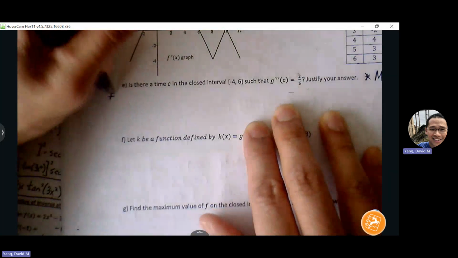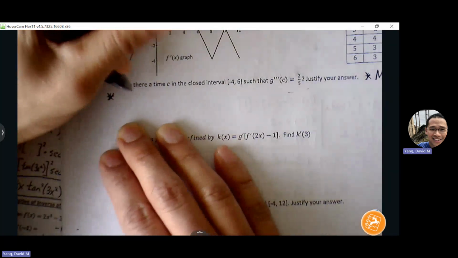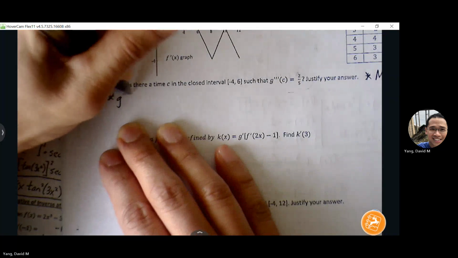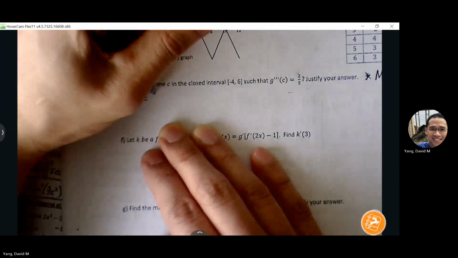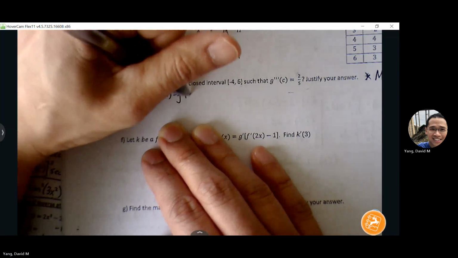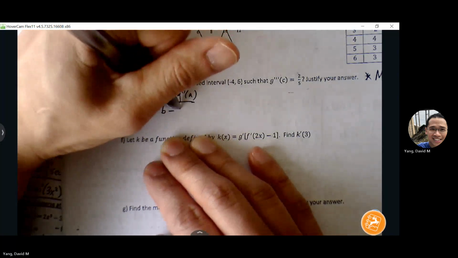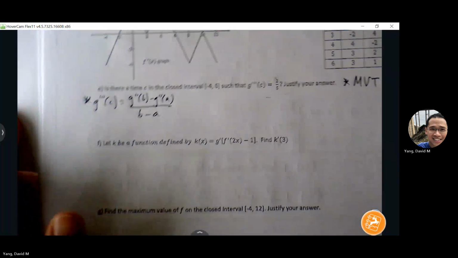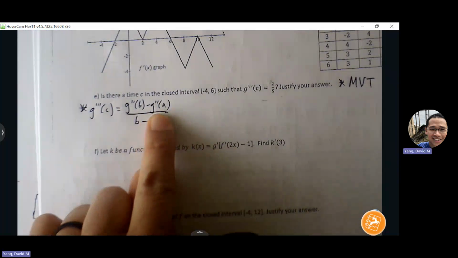Okay. So here is the application of mean value theorem we're going to apply. What are our A and B values?